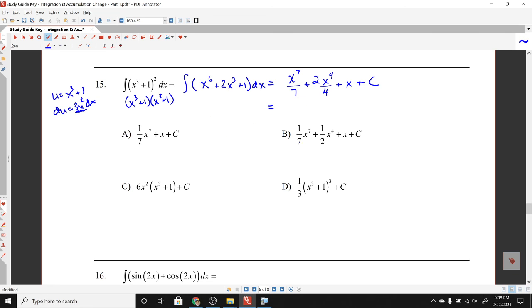Looking down below at the answers, they pull the 7s out, so it's a 1/7 x to the 7th plus the 2 and the 4 cancels, and it leaves me a 1/2 x to the 4th plus x plus c, so that's b. And that takes us through number 15.